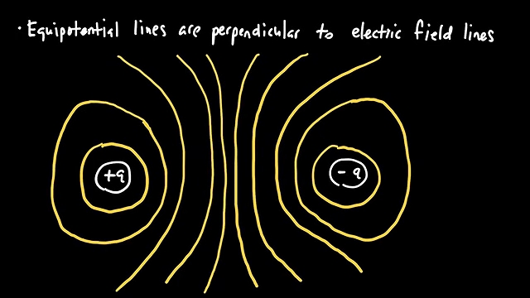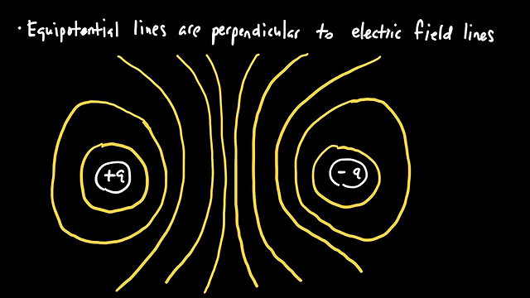And so these yellow lines are certainly not the electric field between these two oppositely charged objects. Electric field lines are supposed to point in the direction that a positive charge would feel a force, and these lines don't demonstrate that. These lines are equipotential lines, and if I were to start at one of these charges and move perpendicular to these yellow lines, it should generate the electric field between these two charges.